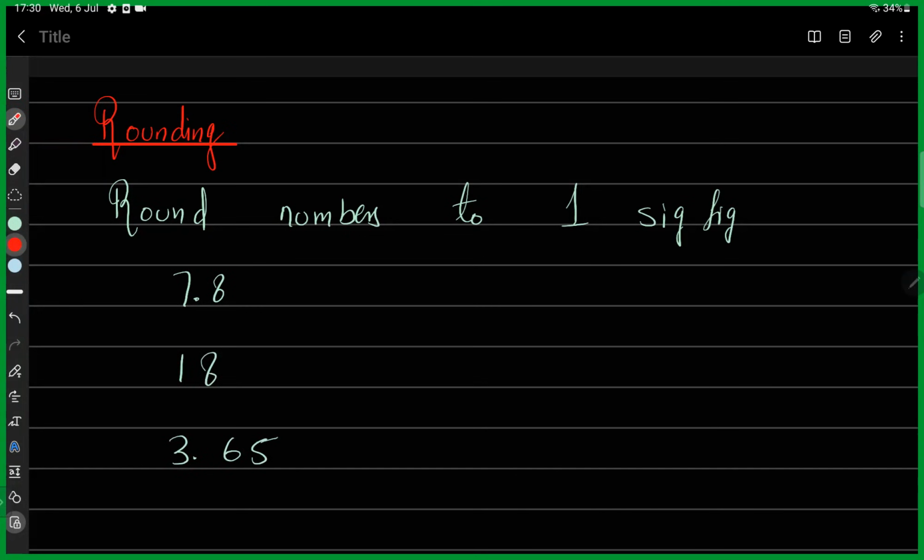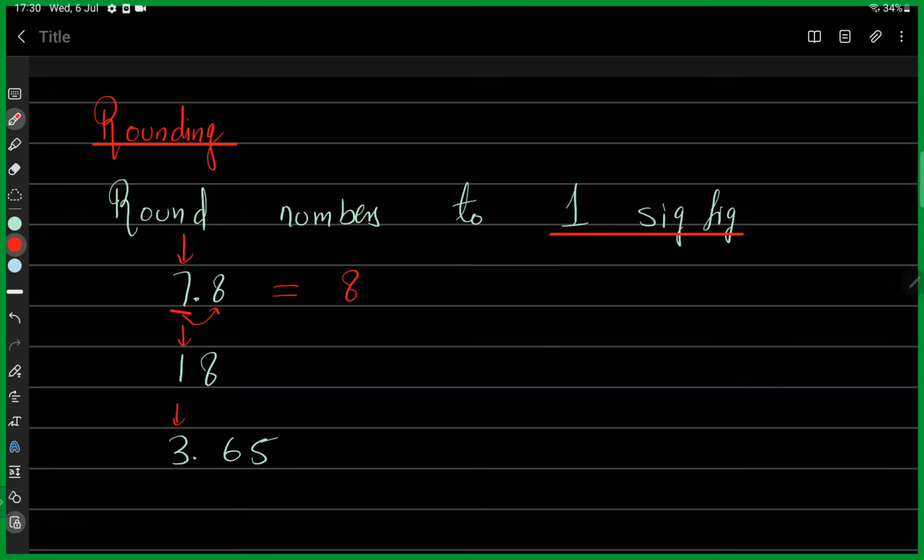If the examiner wants you to convert the number to one significant figure, this means that we only need a number here, and we only need a number here. If you need this number only, just look at the second number. If the second number is greater than 5, I can add 1 to the previous number and it would become 8. 7.8 was the number.